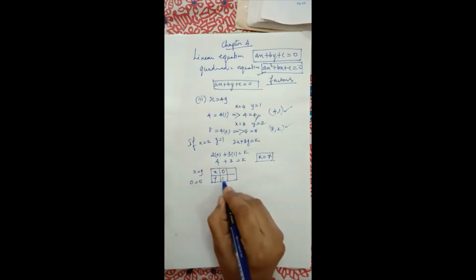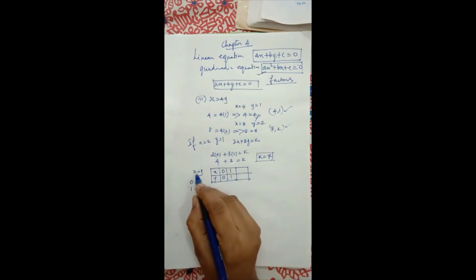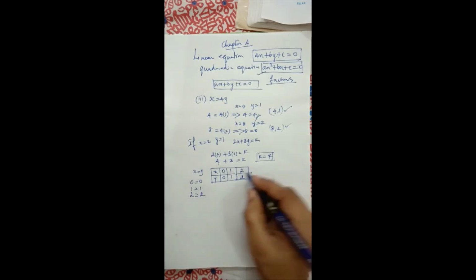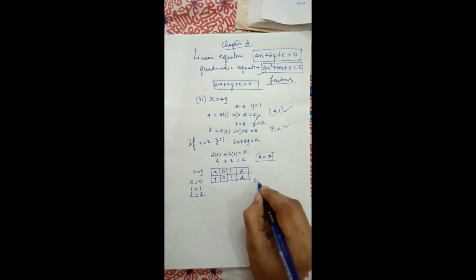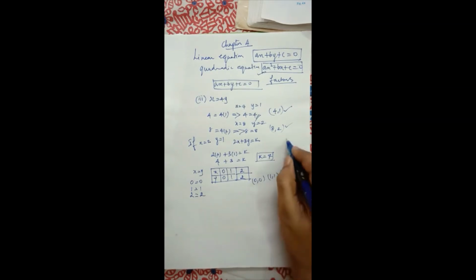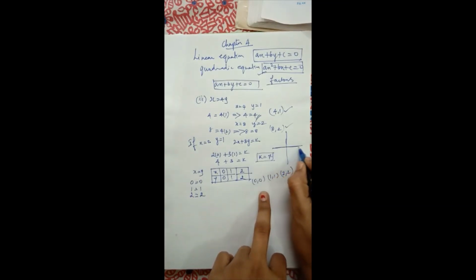If x is equal to 1 then y is also equal to 1. If x is equal to 2, then y is also equal to 2. So what are the points? (0, 0), (1, 1) and (2, 2). Using these points you can draw the graph.